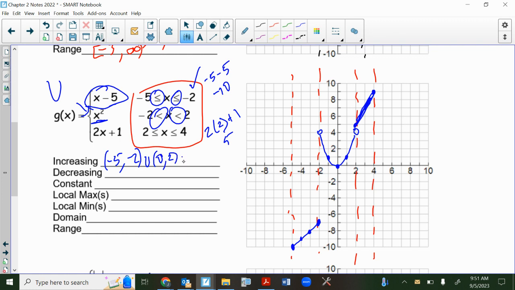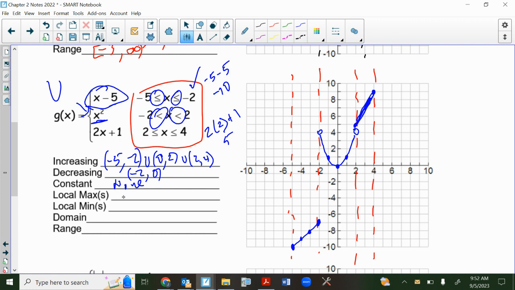And then again from 2 to 4. Okay. So we have all of those sections where it's increasing. Decreasing is just this little part of the u. So from -2 to 0. Okay. And constant, it is never constant. So there is no constant section.